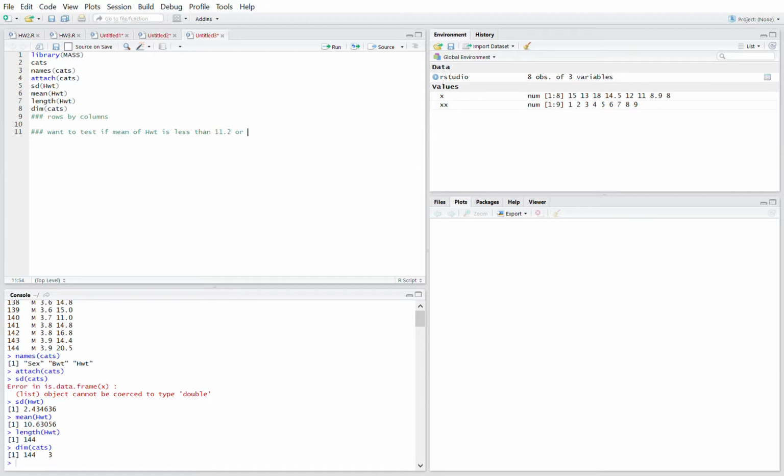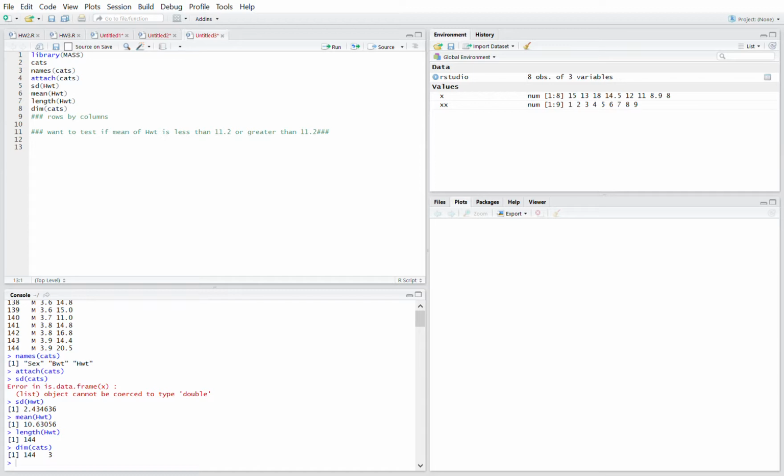HA, okay. So how would I do the test? I want to test it at 0.05, right? Basically, I want to see if I have an extreme value, right? So I want to see if it's less than that.